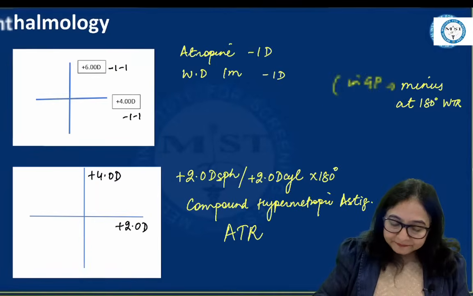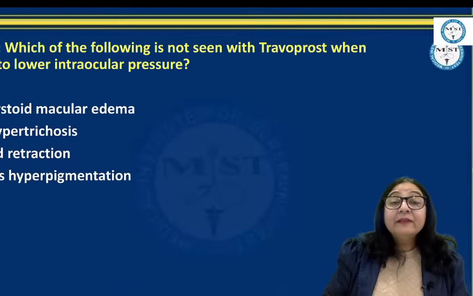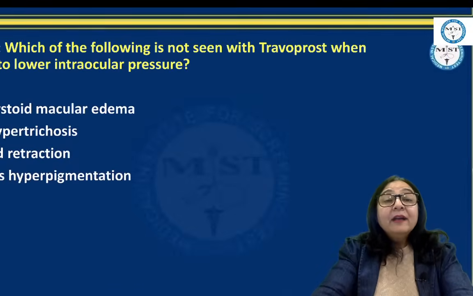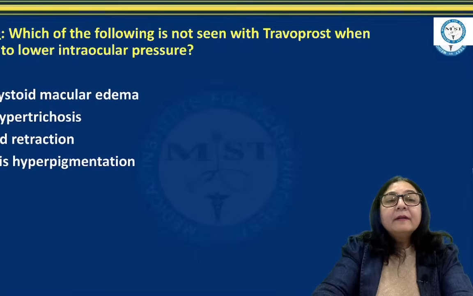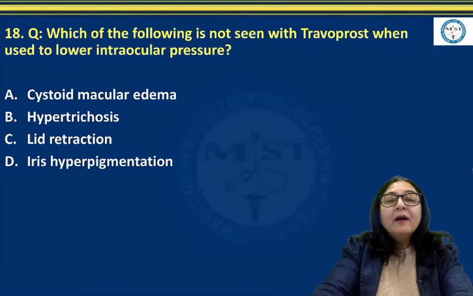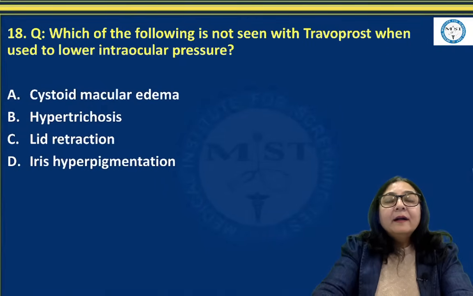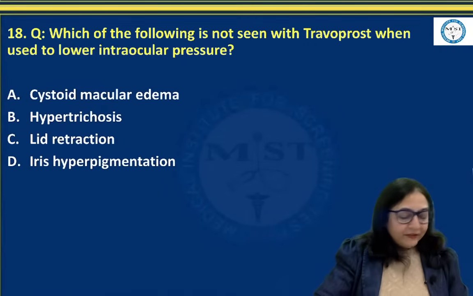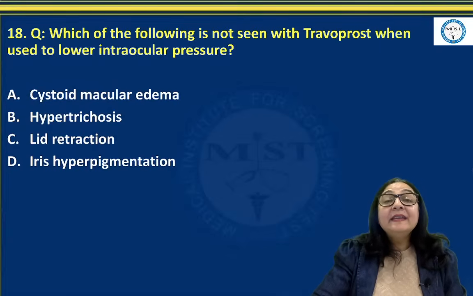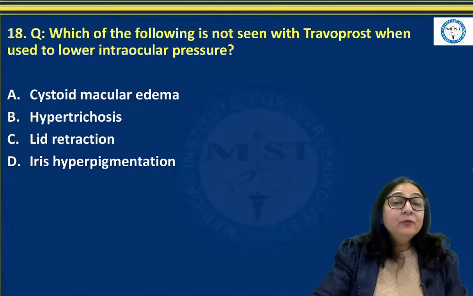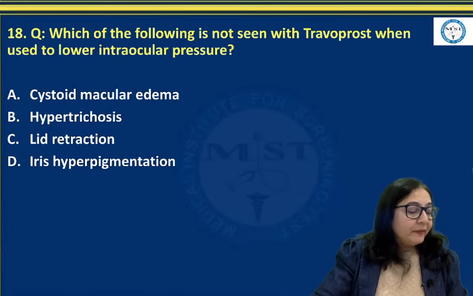So this was a question related to your retinoscopy or refraction. Moving on to the next question. Which of the following is not seen with travoprost when used to lower intraocular pressure?